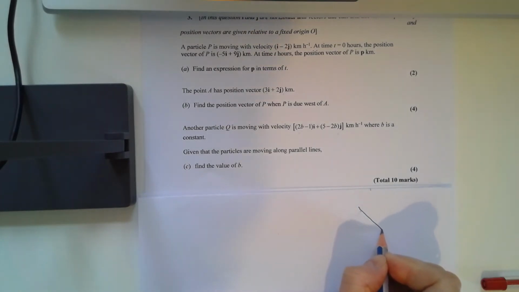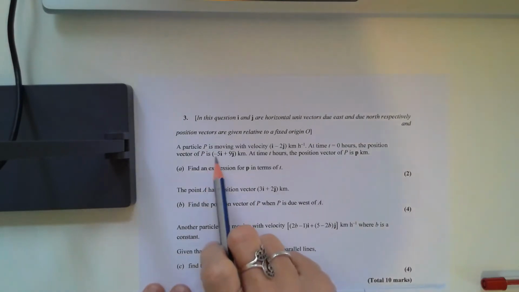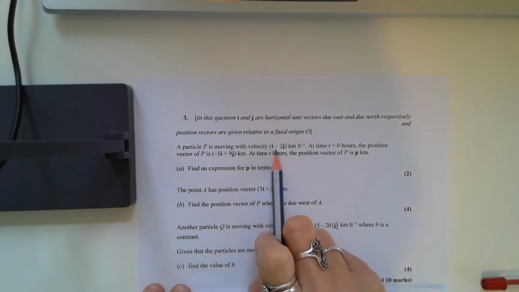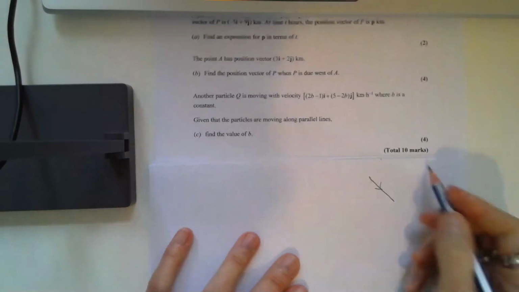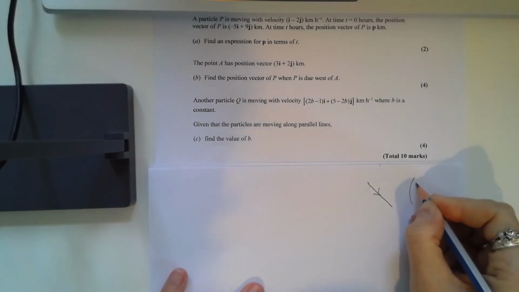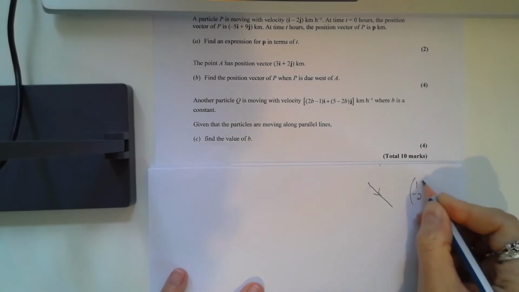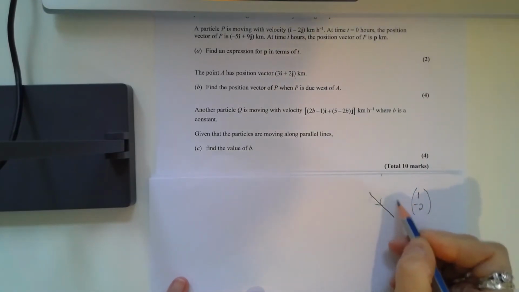So if we've got the velocity of P, which is i minus 2j. So let's write that as 1i minus 2j. So it's going down like that, 1 across and 2 down.